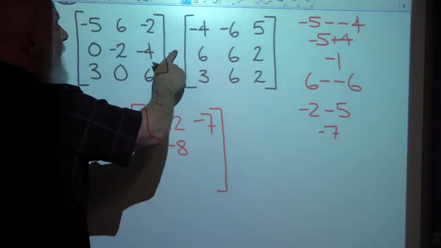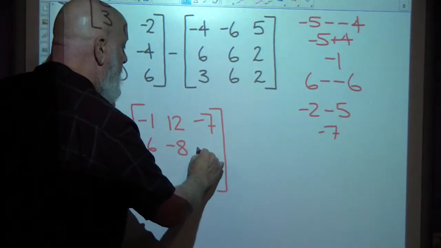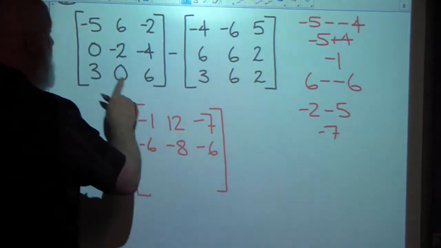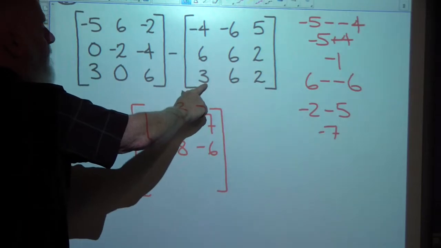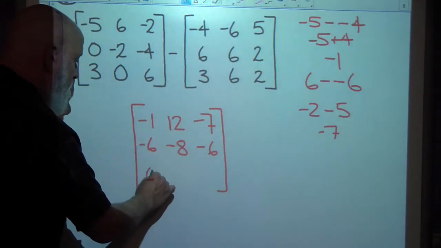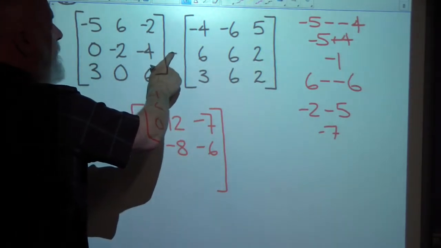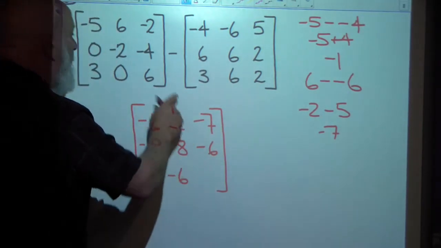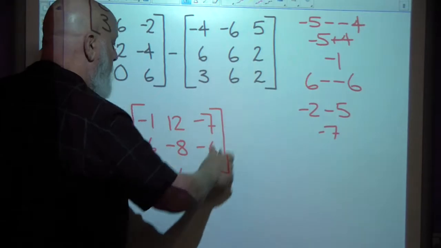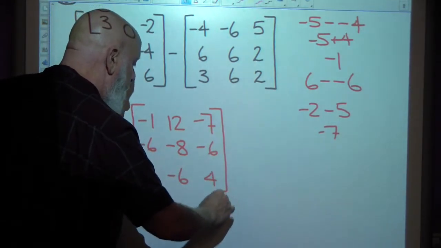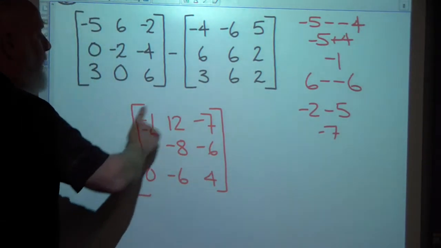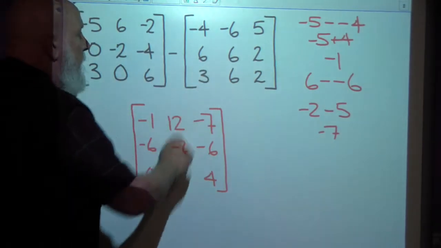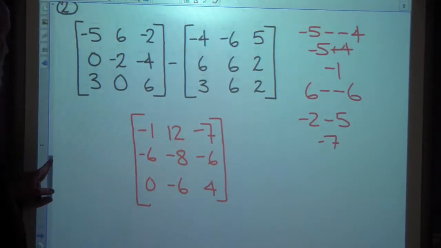Negative 4 minus 2 is negative 6. 3 minus 3 is 0. 0 minus 6 is negative 6. 6 minus 2 is 4. And there's our matrix. This matrix is the difference between these two matrices.